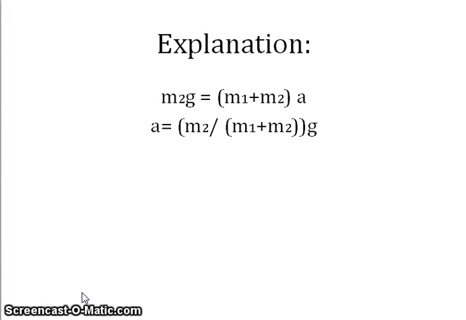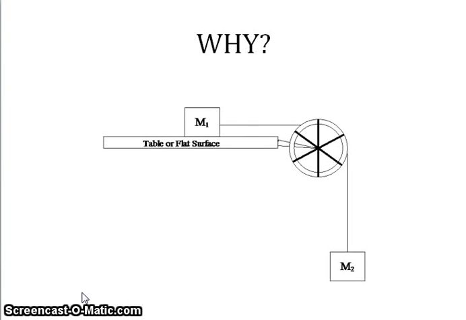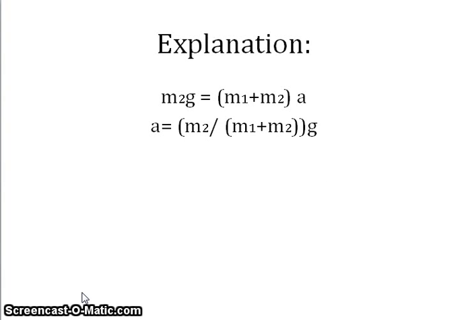So we can use the force of M2 as the whole force. So it's M2 times G is equal to the mass of the whole system, which in this case is M1 plus M2, times the acceleration.